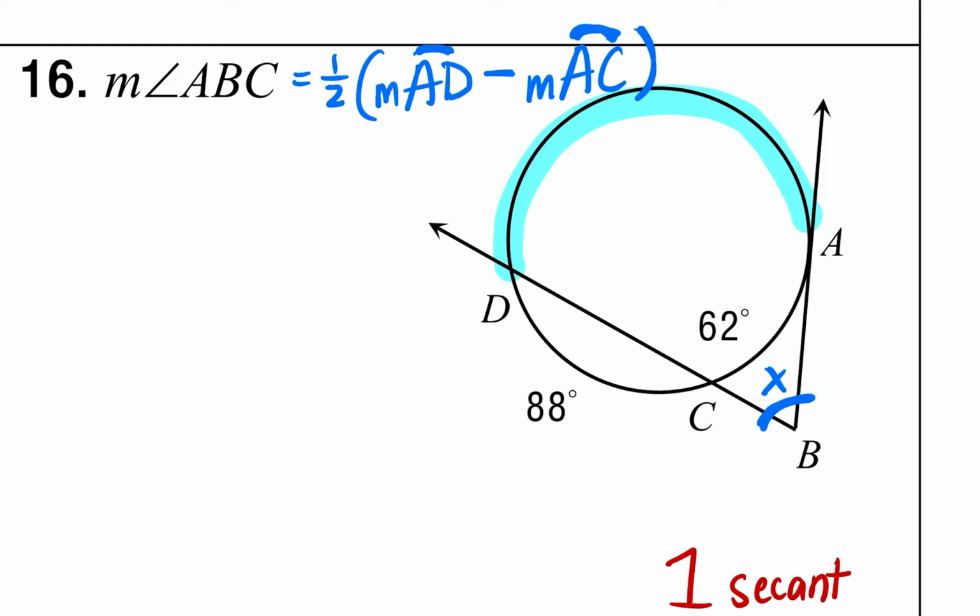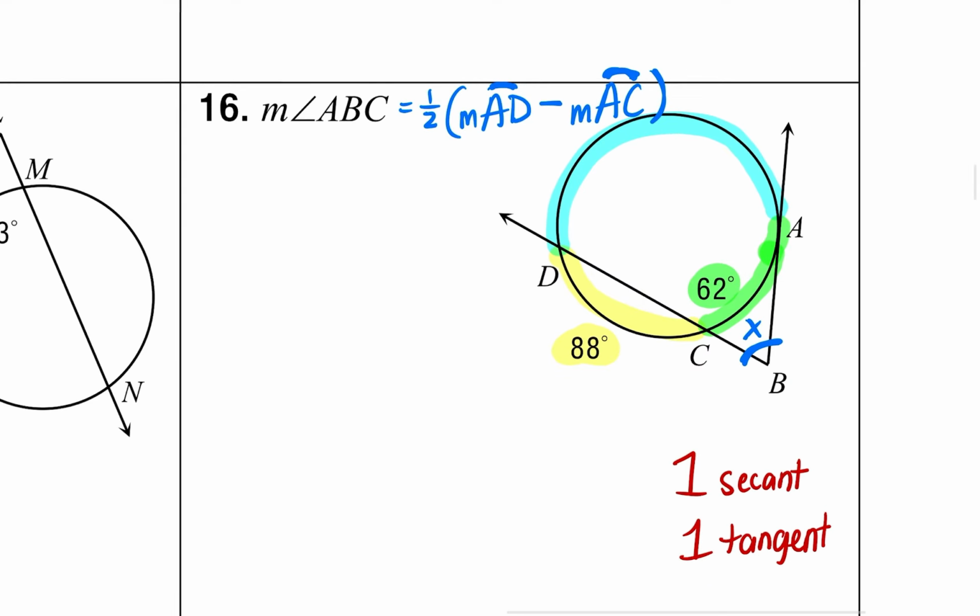And since I know that this arc is 88 and this arc is 62, then I could just complete the circle. So I'm just going to go off to the side and do 360 minus 88 minus 62. And we are going to get that arc would be 210.